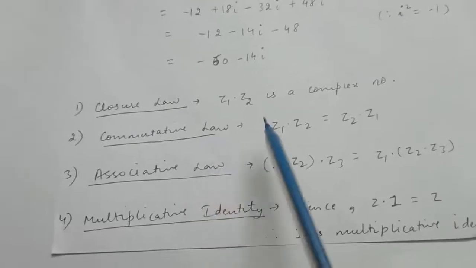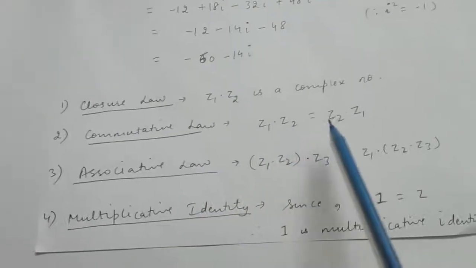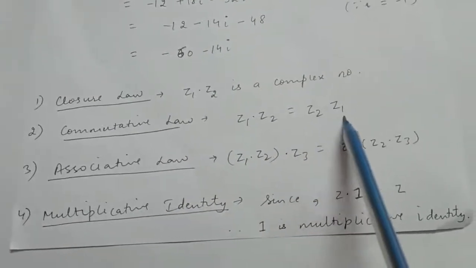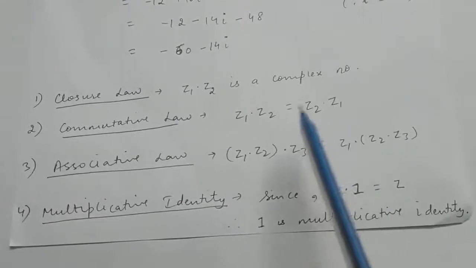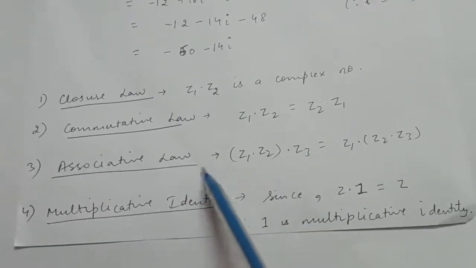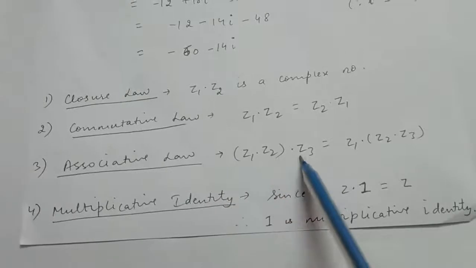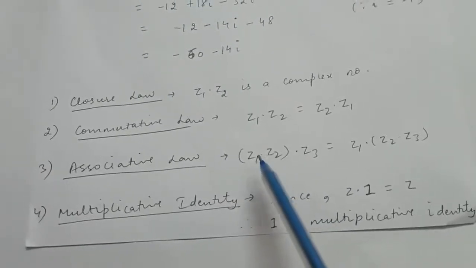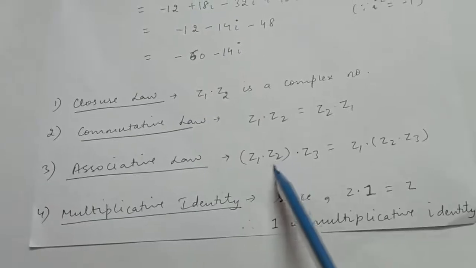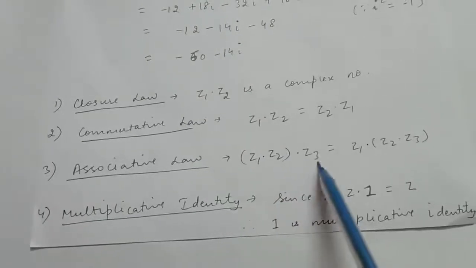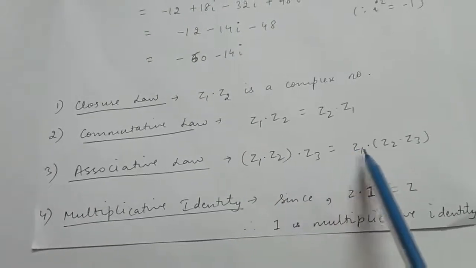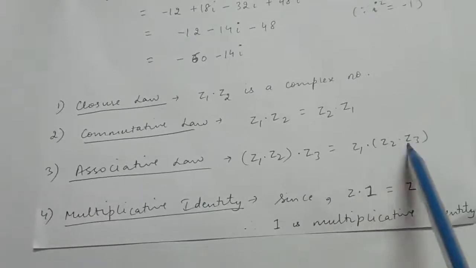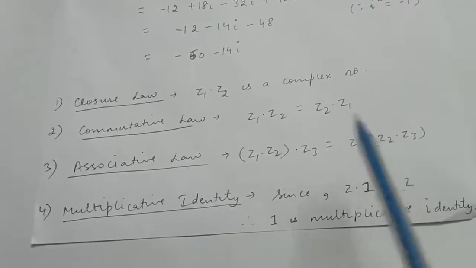Commutative law says that z1 into z2 is equal to z2 into z1. Then associative law says that if z1, z2, z3 are three complex numbers, then z1 into z2 whole bracket into z3 is equal to z1 into z2 into z3 in the bracket, right?